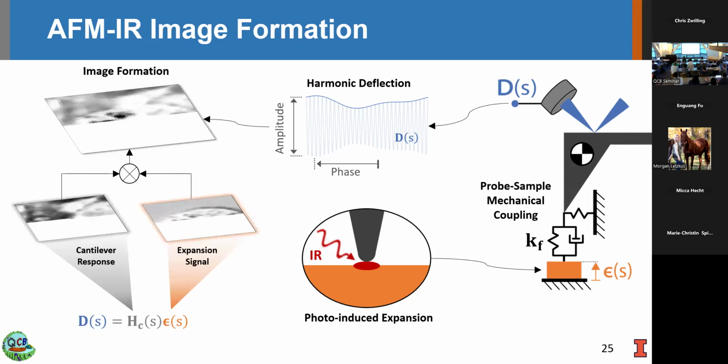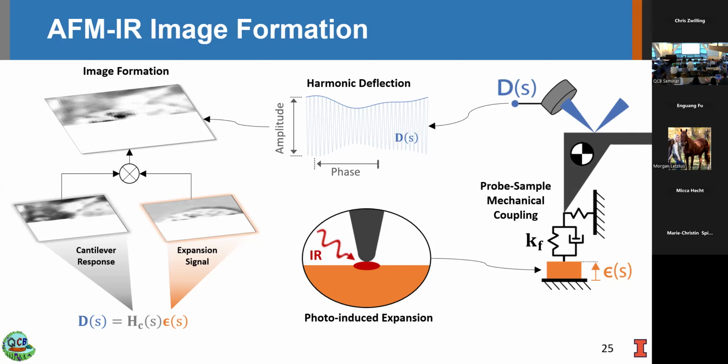So then the sample obviously is scanned using the AFM scanning configuration to map this IR signal across the sample. So although this image is proportional to the local IR absorption under the tip, it's also proportional to the local cantilever's response shown to the left here.